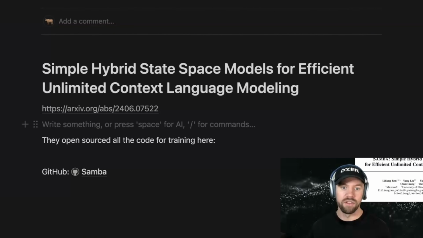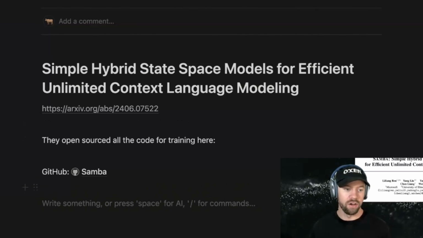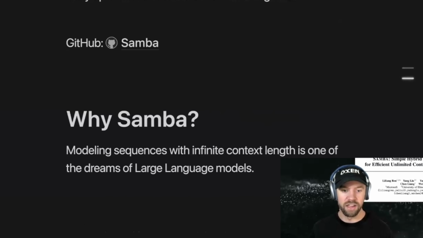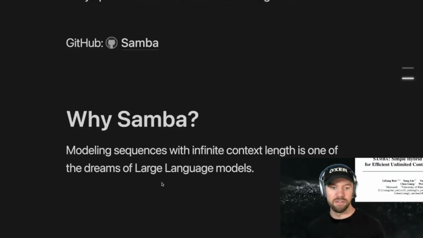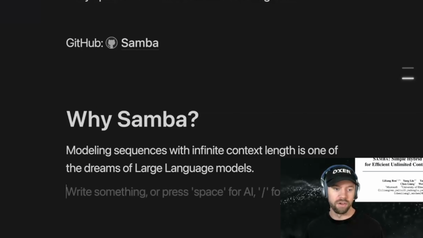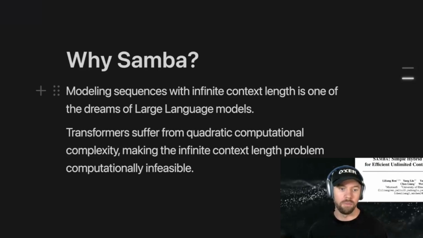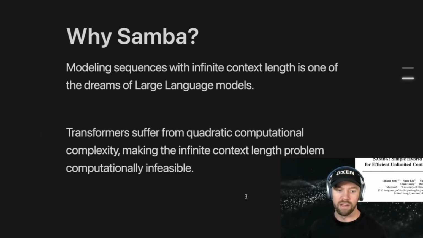So why Samba in the first place? We all kind of know that infinite context length is one of the dreams of large language models, and transformers suffer from quadratic computational complexity, making the infinite context length problem computationally infeasible.